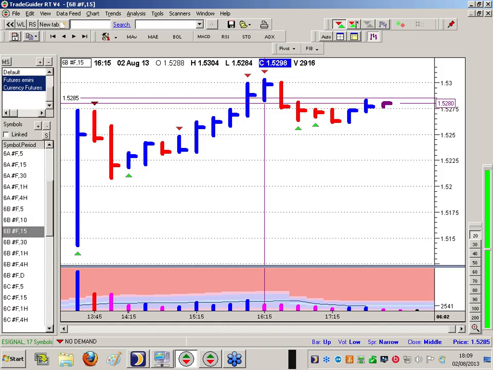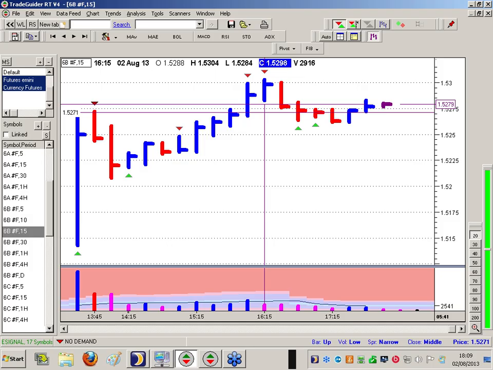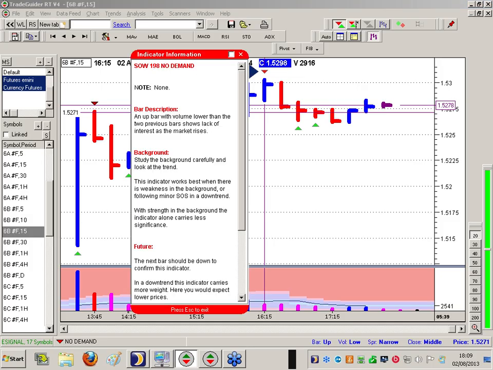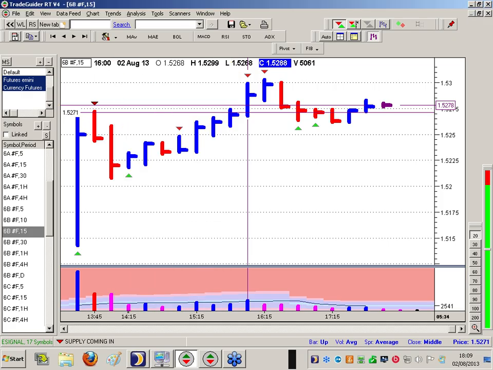Yes. B, British pound. Now this is more likely worth an alert. You've definitely got a sign of weakness here. The market's rallied, look. There's the top reversal. Automatic signals, I'd say, yeah, so that's it.